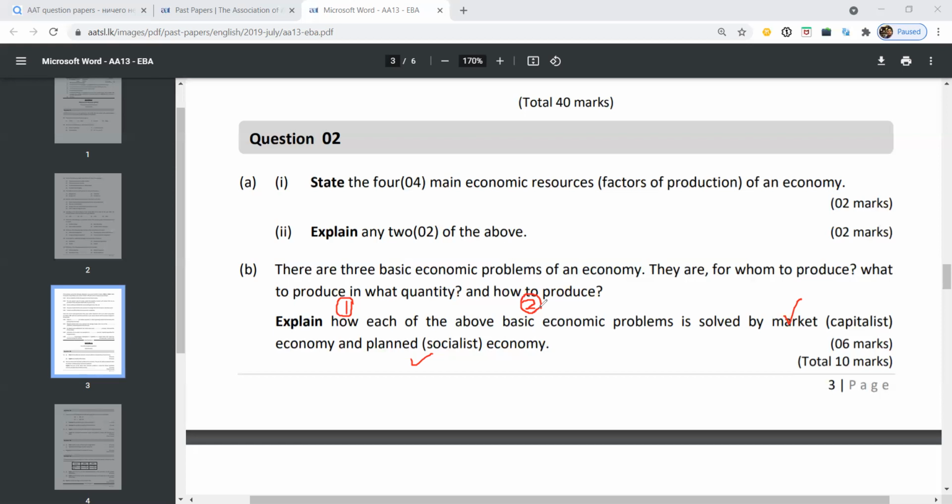That's how this problem is solved. Based on the social requirement, a particular technology is selected.